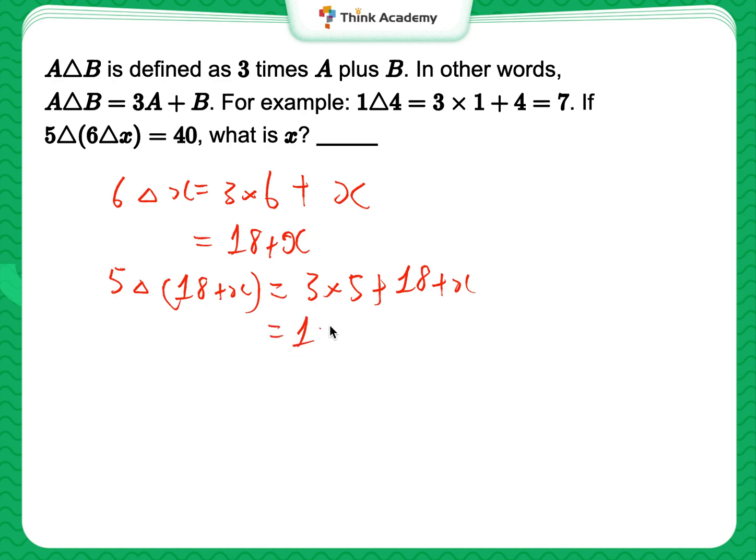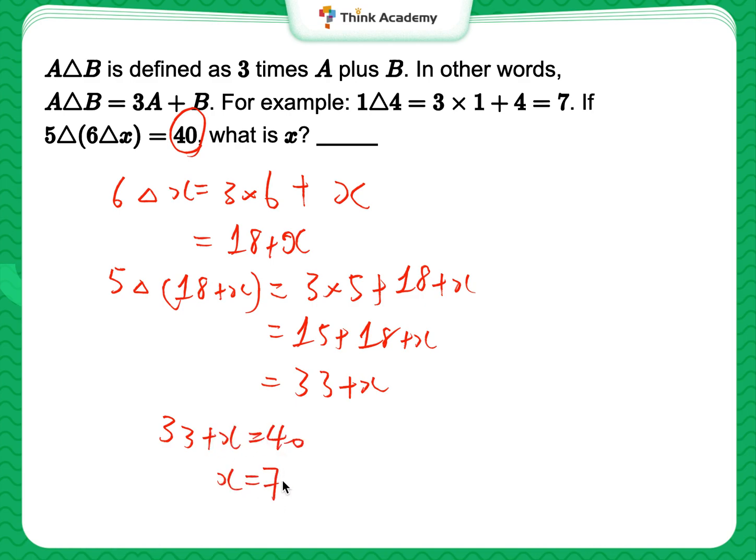So we have 15 adding 18 adding x, and that is going to be 33 adding x. And we can see that on the right hand side of this equation we have 40. So we can now write 33 adding x is equal to 40, which naturally means that x is 7, because 7 adding 33 is 40. So x is equal to 7. All right.